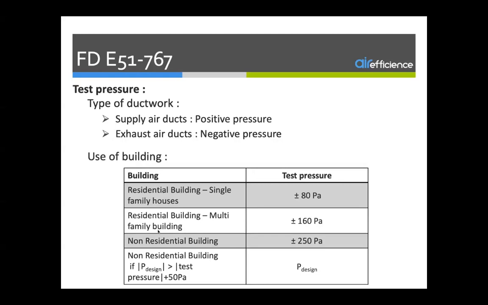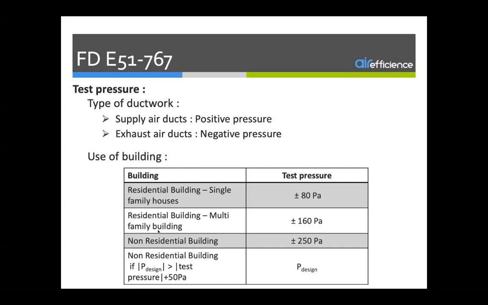If it's a residential building, a single family house or individual system, the test pressure will be equal to 80 Pascal. If it's a multi-family building, the test pressure will be equal to 160 Pascal, and for non-residential building, it's equal to 250 Pascal.